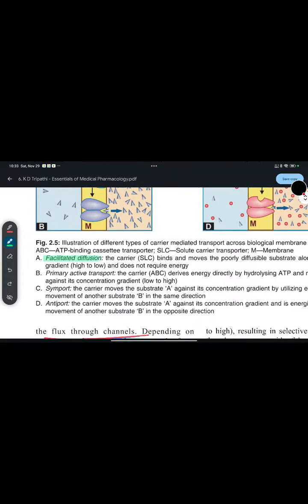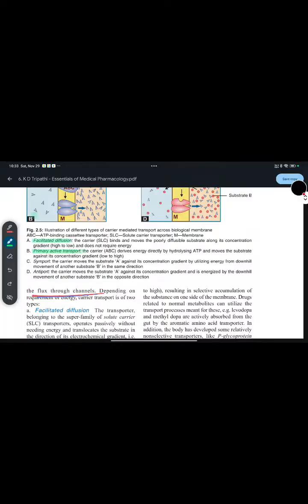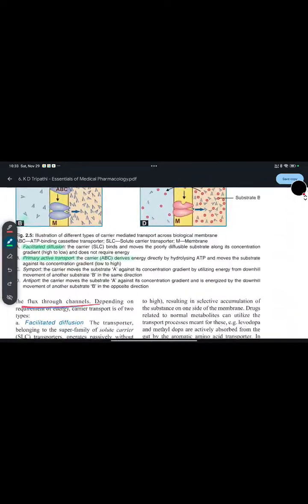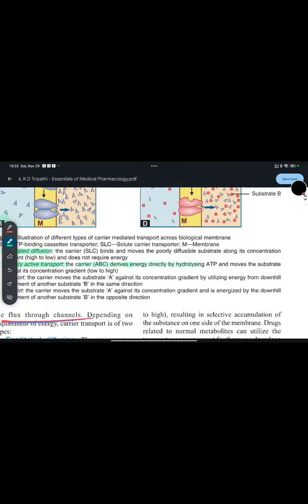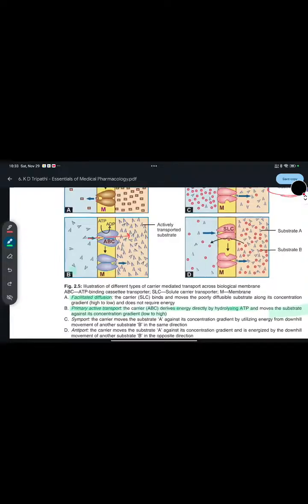In the case of B, you will see primary active transport. In primary active transport, carrier such as A, B, C, this is the carrier, and it derives energy directly by hydrolyzing the ATP. So ultimately energy is required and moves the substances against the concentration gradient.